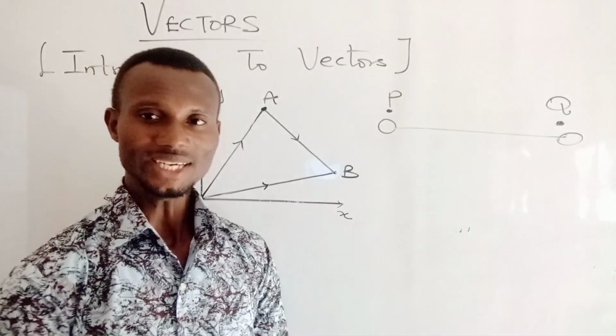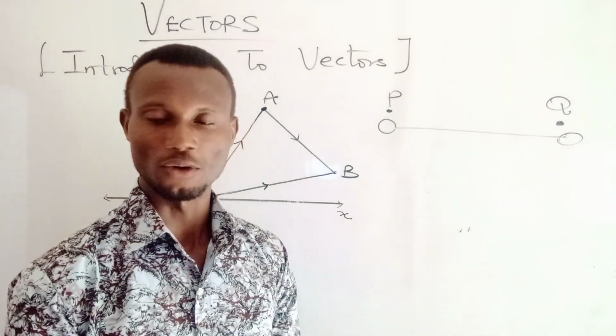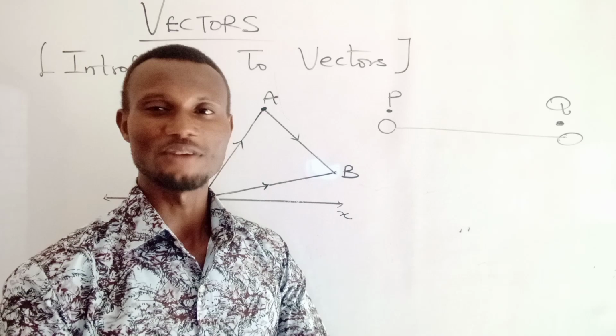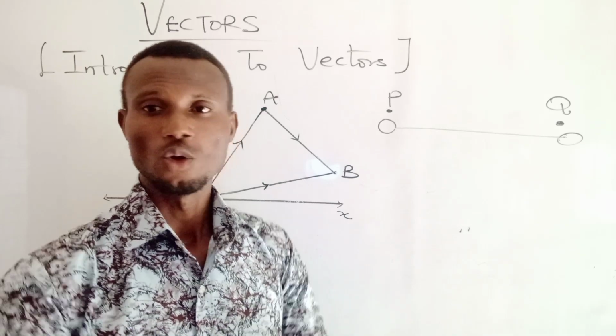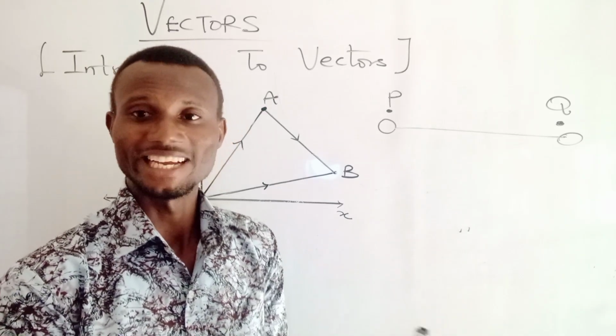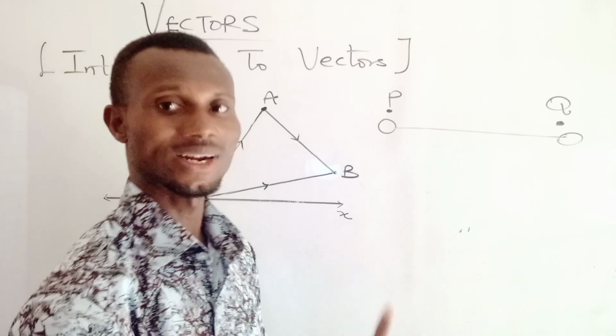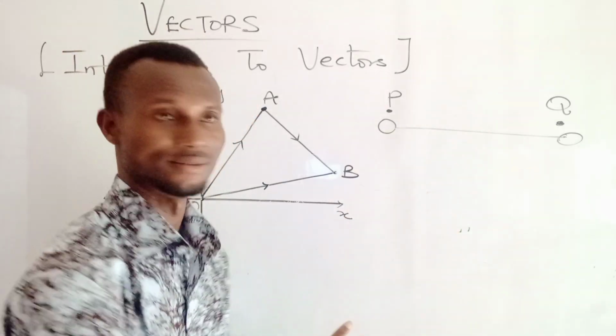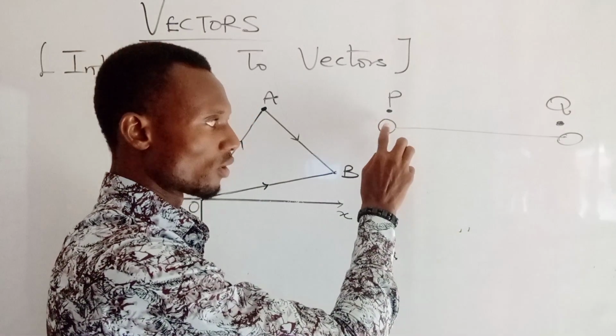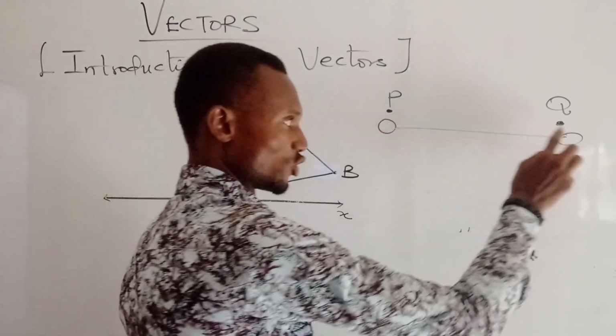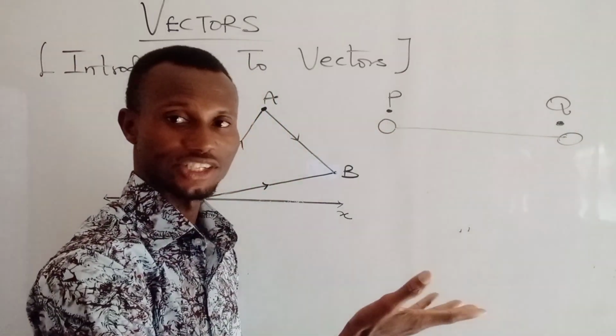Now let's look at the direction of a vector also. The direction of a vector simply refers to where the vector is pointing. Let's go on the board again. You can see that we move the ball from point P to point Q. What's the direction of the ball?